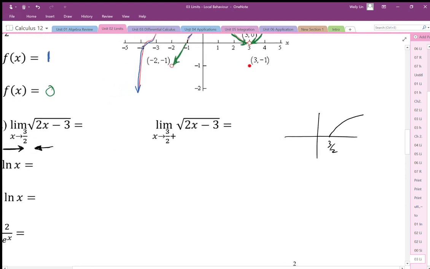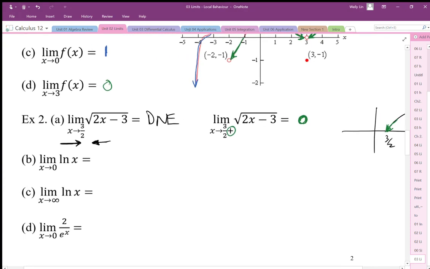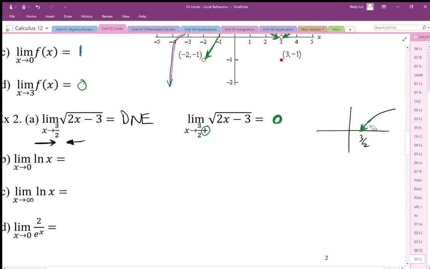It's not defined on this side of 3 over 2. So this limit cannot exist as a two-sided limit. However, as a one-sided limit, this does exist, and it is pointing towards y equals 0. So again, this is the issue of one-sided versus two-sided limit. This doesn't exist as a two-sided limit, but it does exist as a one-sided limit.